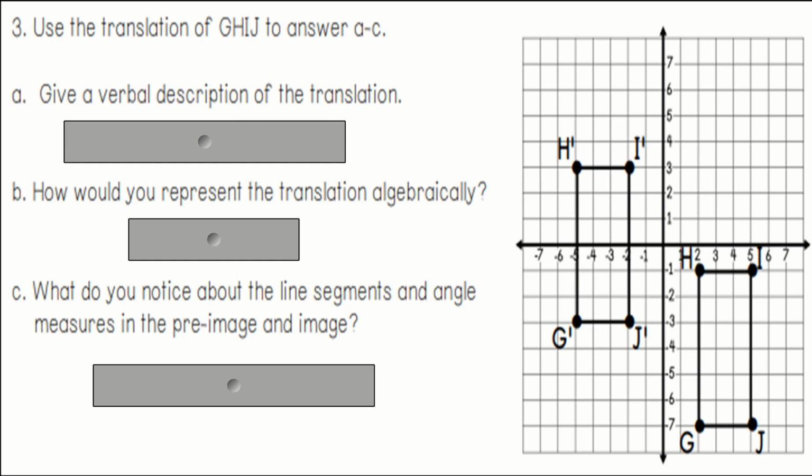So now we have a translation. We have to describe what happened. So start is the one without the prime marks, okay? So this shape is starting down here in quadrant 4. And it's moving up here or over to this one, which is in 2 and 3.